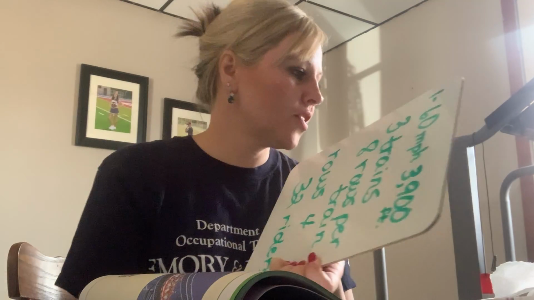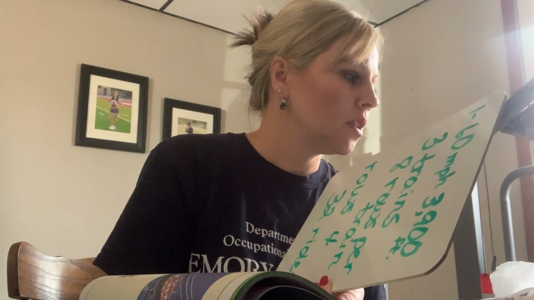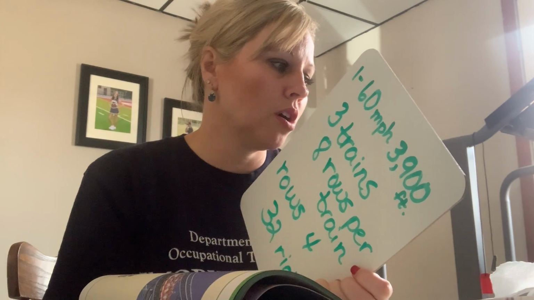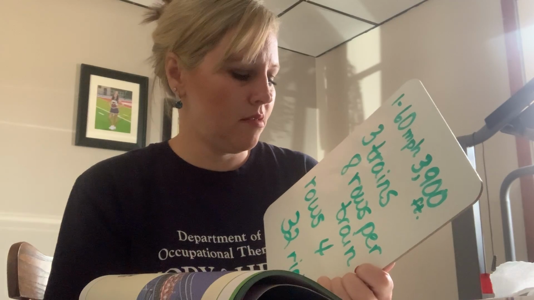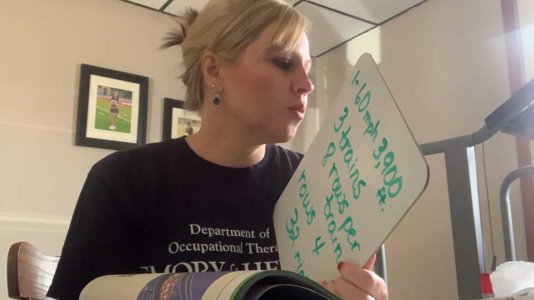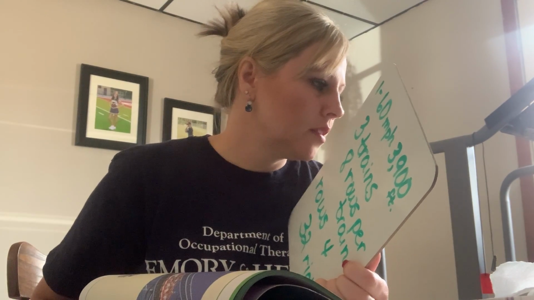All right, so we need to know that there were 3 trains with 8 rows per train, right? And there were 32 riders, right?